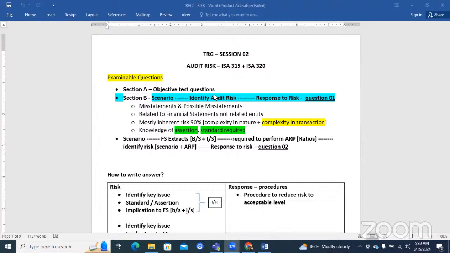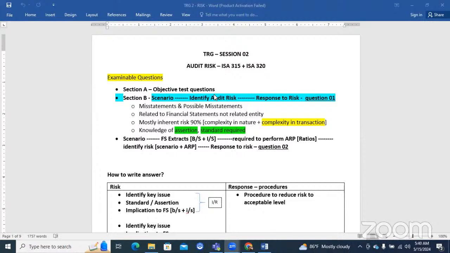You can clearly state the impact. But for a possible misstatement, you can't use that verb. Your verb should change when you are writing about audit risk. You should say there is a possibility assets may be overstated. So you need to pick the verbs properly.